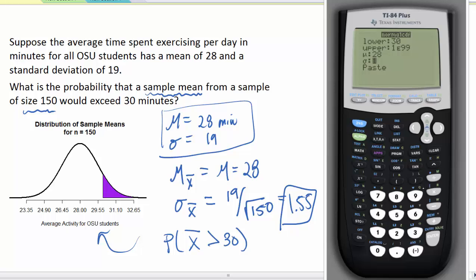That's the standard deviation of the population. The standard deviation of x bar is 19 over the square root of 150, our sample size, which is 1.55. Enter in this, press enter, and we get a value of 0.0985.